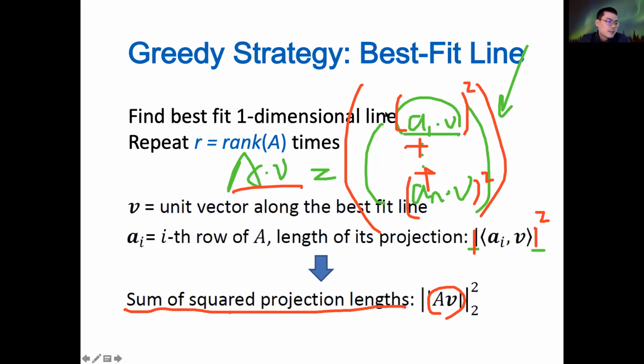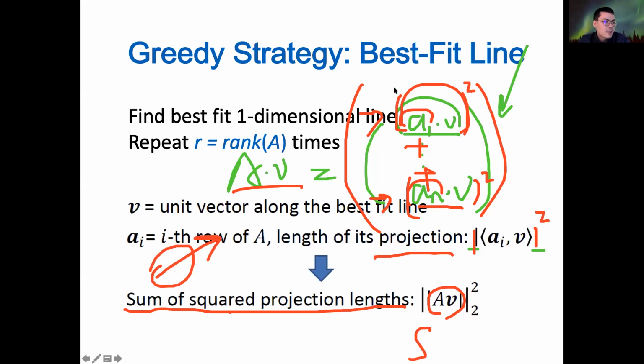Because you think about it, this is actually a summation, each thing summed together. In this summation, this is the projection for a_1, and this is the projection for a_n. So for each row, we have a projection along the direction v. Then this projection value is squared, and we sum them up. It is this thing.